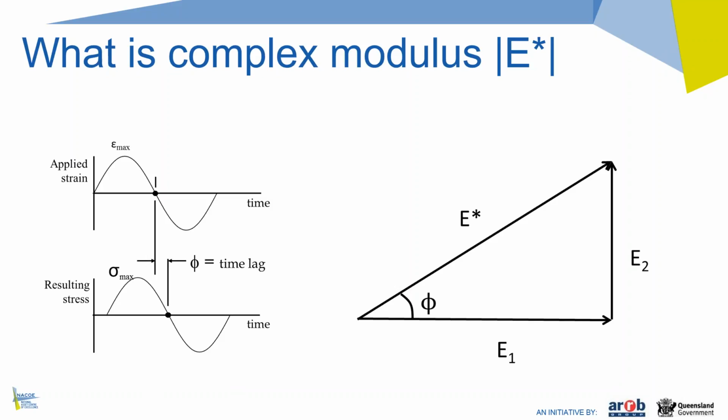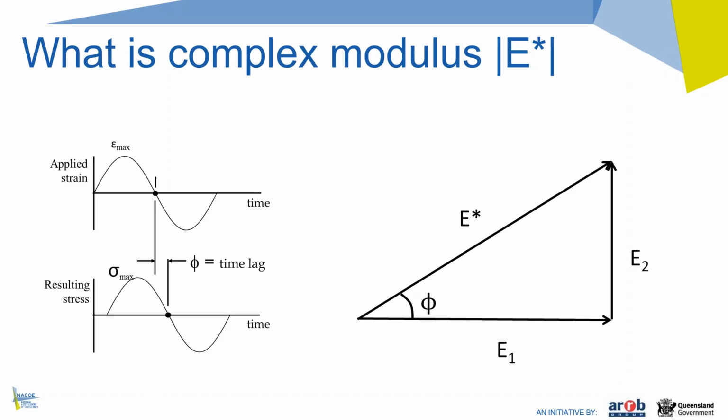So that's the viscous behavior caused by the viscous behavior of asphalt. If you have a purely elastic material, then the time lag or the phase angle is 0. If you've got a purely viscous material, then the phase angle is 90 degrees. So if we then look at the representation on the right, that shows the relationship between E1, which is the elastic component, E2, which is the viscous or imaginary component, and E star, and then the phase angle is shown in that figure as well.